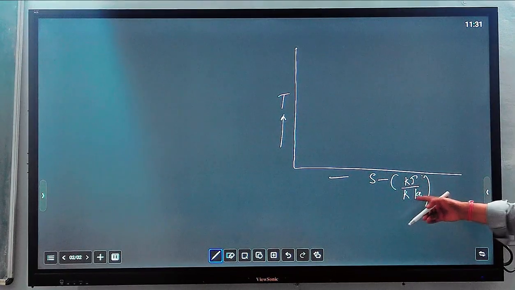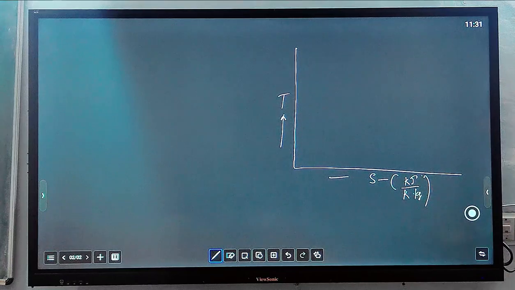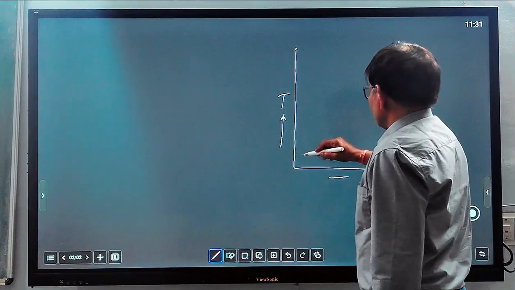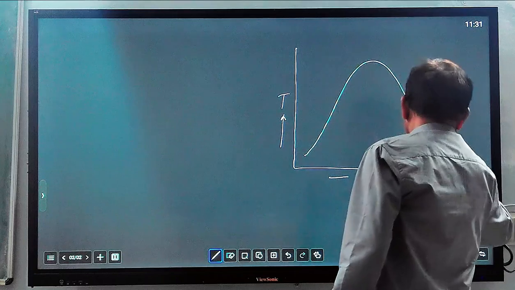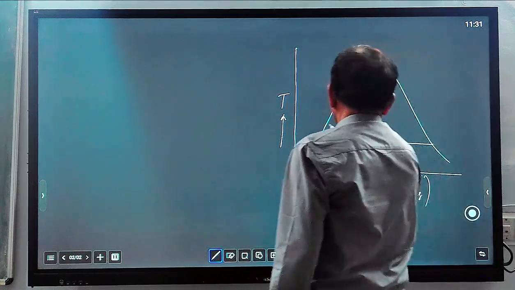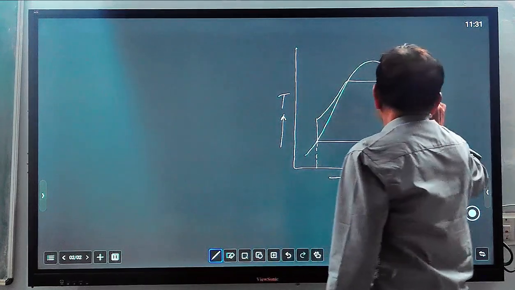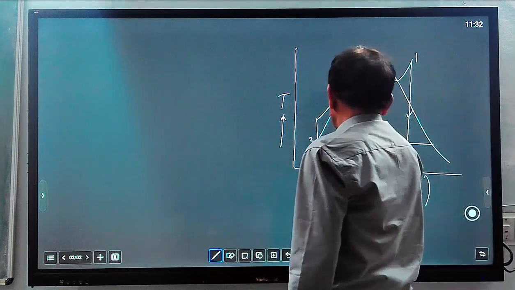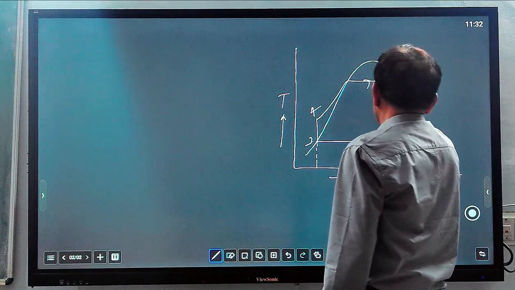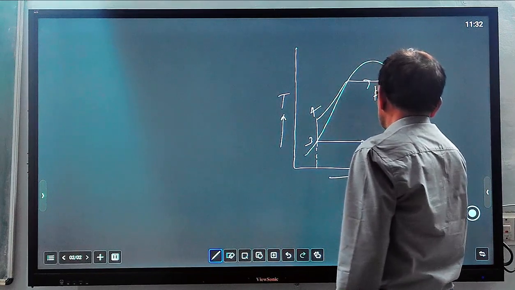Temperature T is absolute temperature. If you draw the TS diagram, you can draw all four processes on it: processes 1, 2, 3, 4, with pressure P1 and pressure P2.